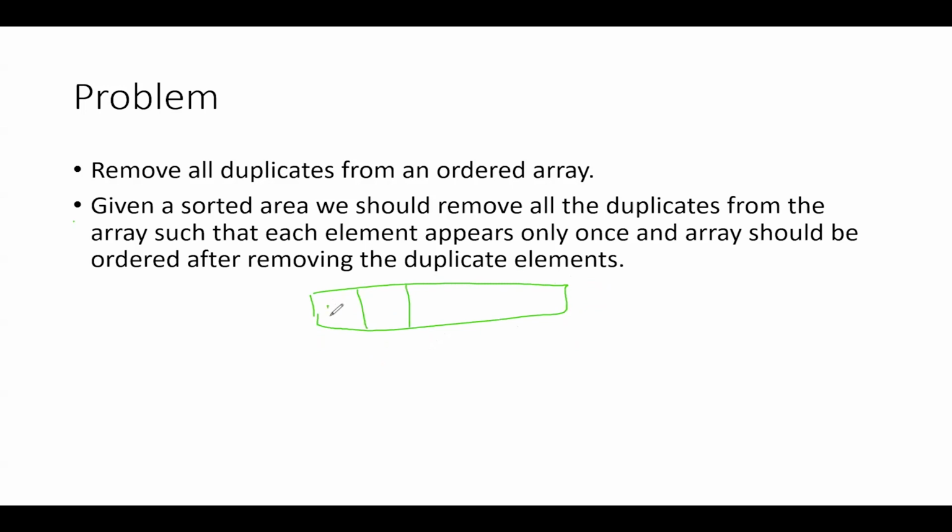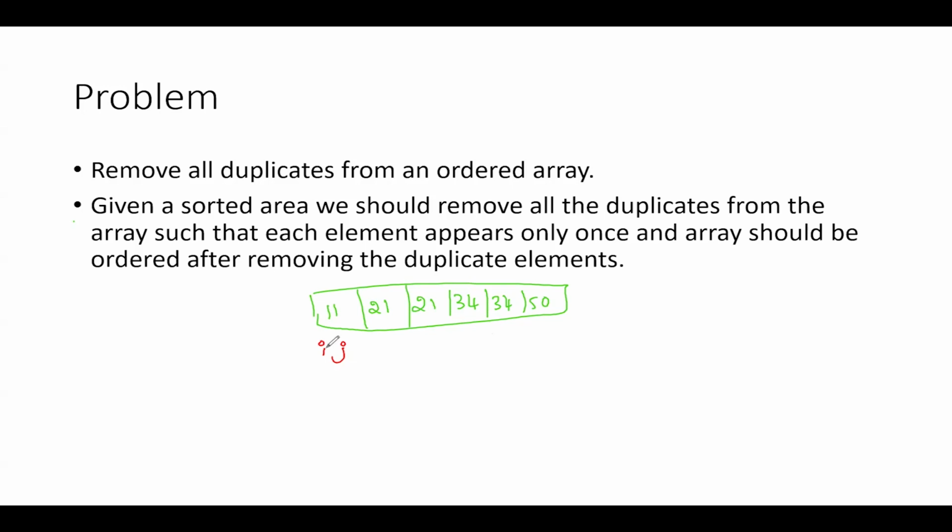Let me take the values 11, 21, 21, 34, 34, and 50. I'm going to take two variables, for example i and j, to track my array. j is used only to store the values which are not duplicate, and i is used to traverse the array and find out if there are any duplicate values.